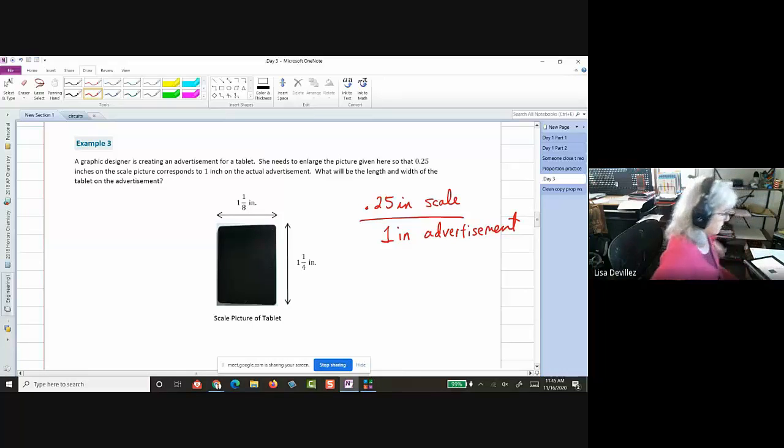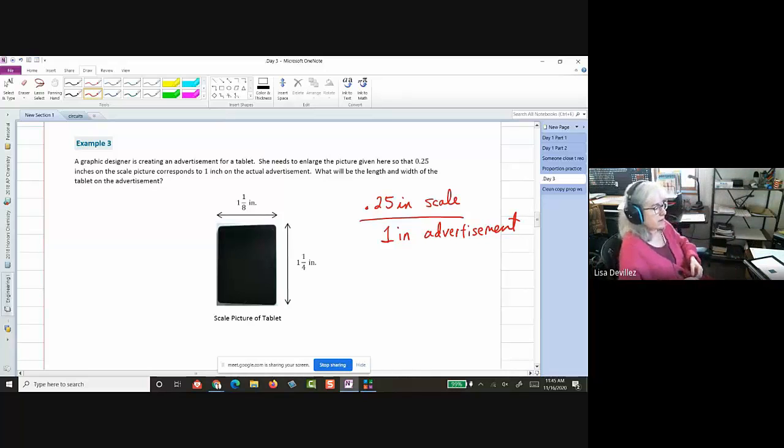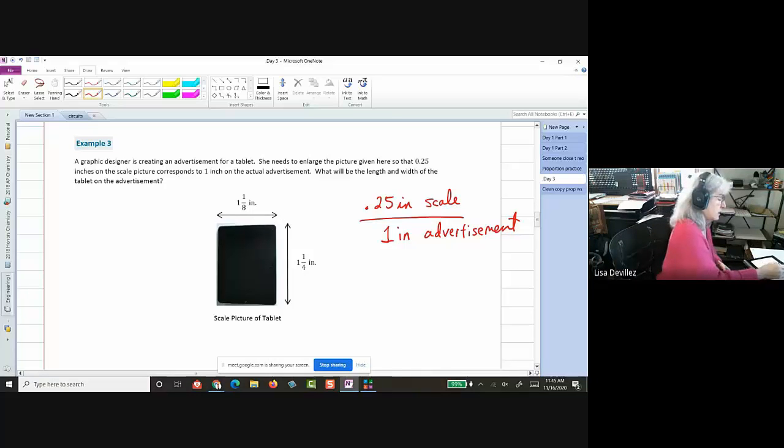All right, so I'm gonna give you a moment. You set up the ratios to find out how big the ad would be. If these are the scaled dimensions here and here, I want you to use that scaling factor to convert those into the actual ad. So we'll do one of them.